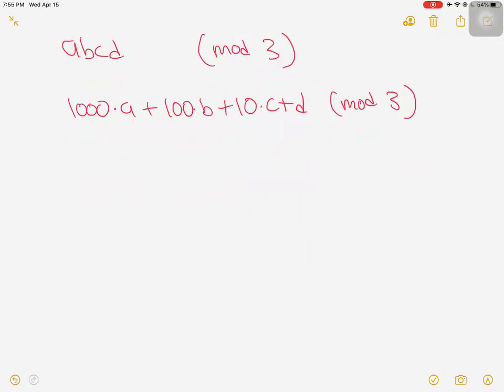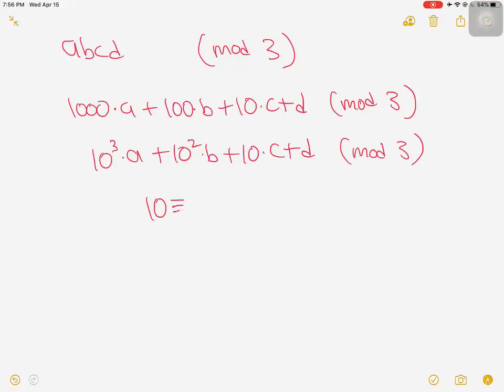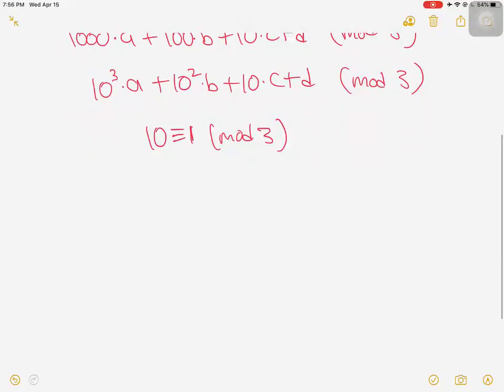So these are all powers of 10. So we can also rewrite this as 10 cubed times A plus 10 squared times B plus 10 times C plus D. And using the fact that 10 is simply congruent to 1 mod 3, we can rewrite this as 1 to the power of 3 times A plus 1 to the power of 2 times B plus 1 times C plus D, mod 3.